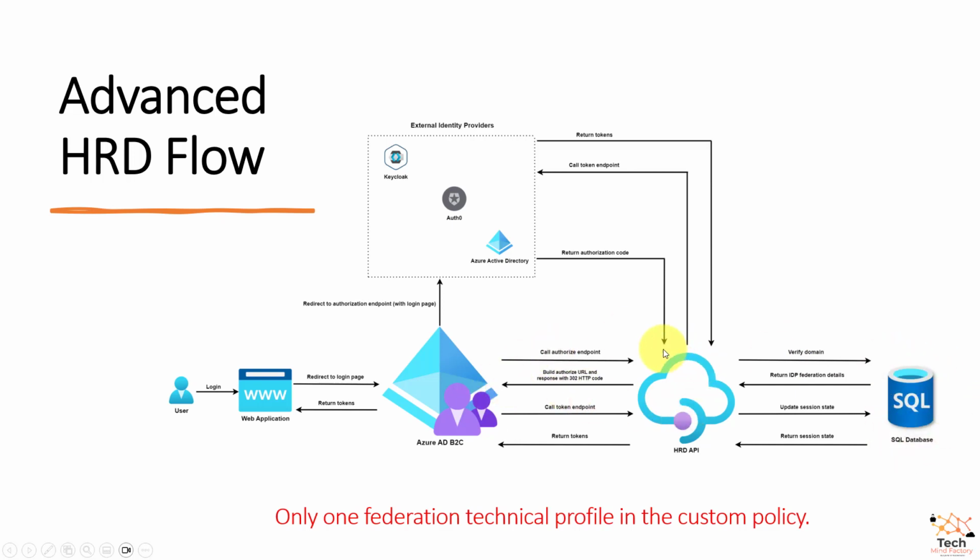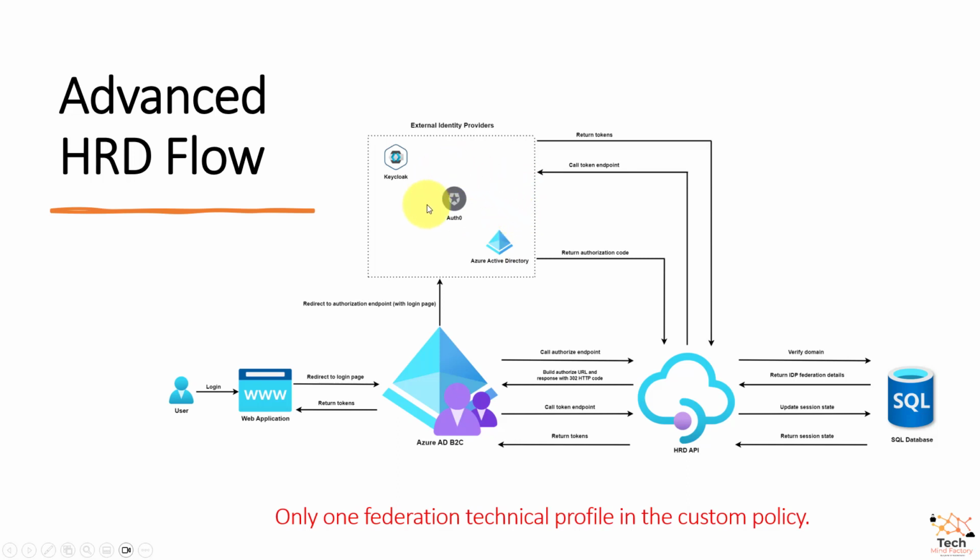We build the authorization endpoint URL on the HRD API and return it to the B2C with the 302 code, so a redirect. B2C will make this redirection to the specific identity provider, like Azure AD or Auth0.